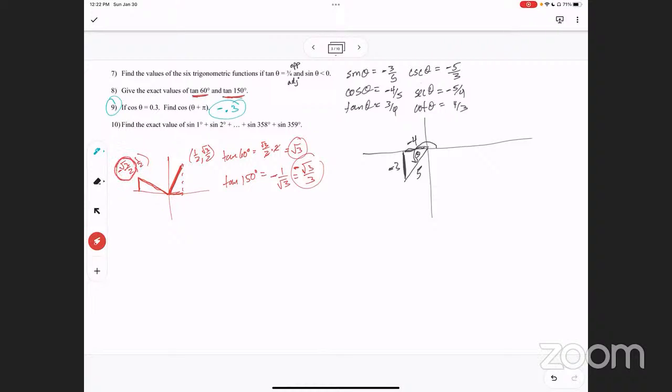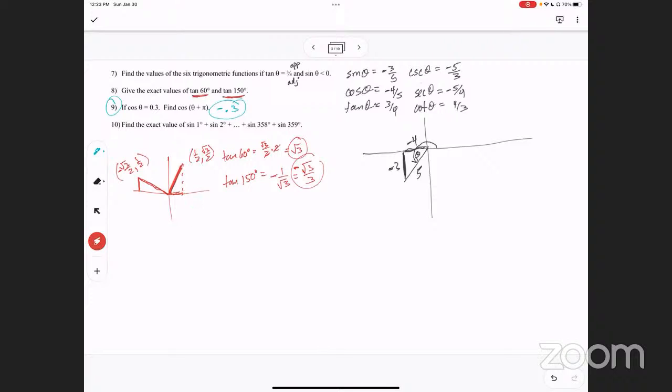But that's then true of this as well. Look at this one. Here's the cosine of this angle, 150. If you go pi away from it, you're going to be right here. And now it's that same reference angle of 30. So these numbers are going to be the same, but now it's going to be pi away.